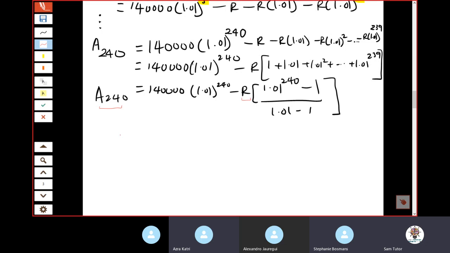Is it doubled? Well, no. Isn't it 0? Isn't the whole point that you're trying to repay your loan plus the interest? So the amount remaining after 240 months should be 0.